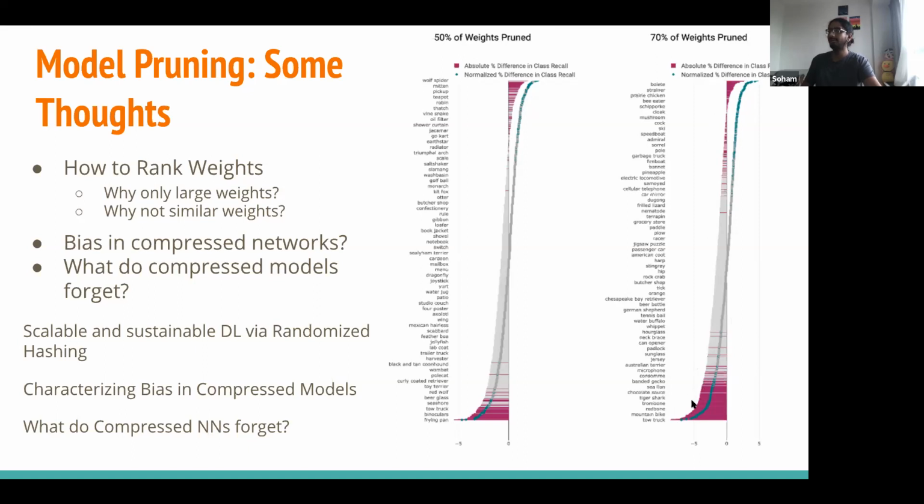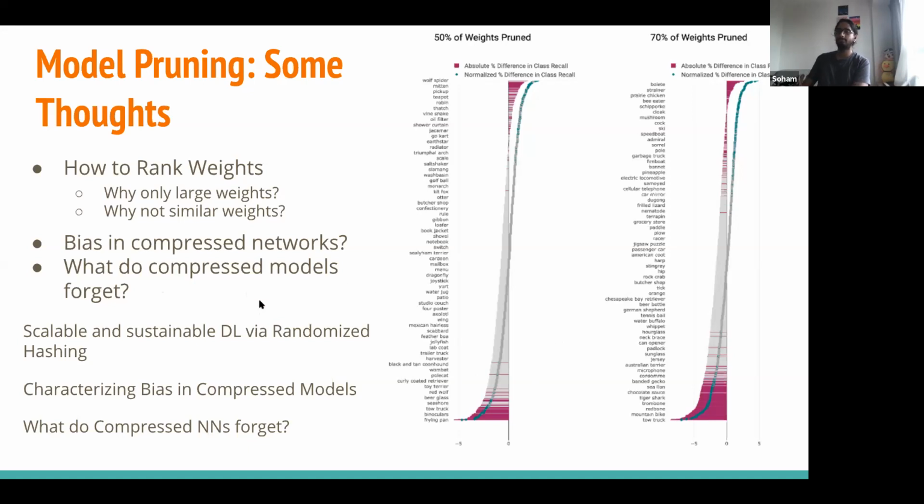So sorry, more classes have a reduced recall. And in some cases the reduction is more than -5, which is a lot.